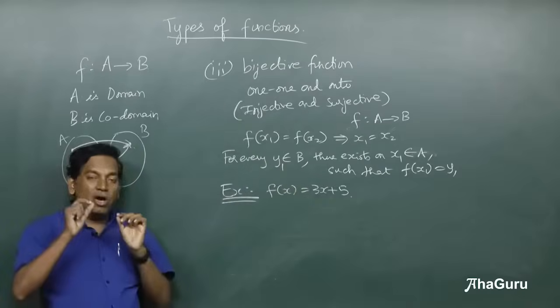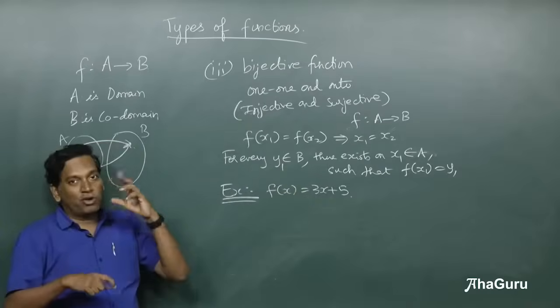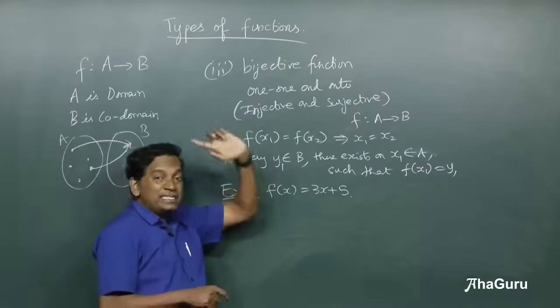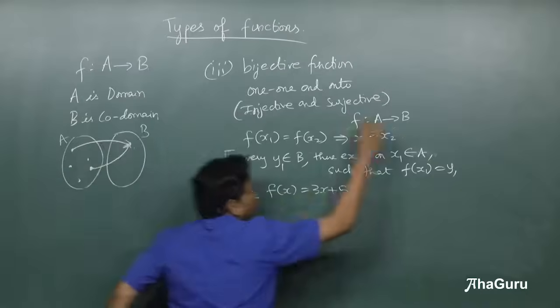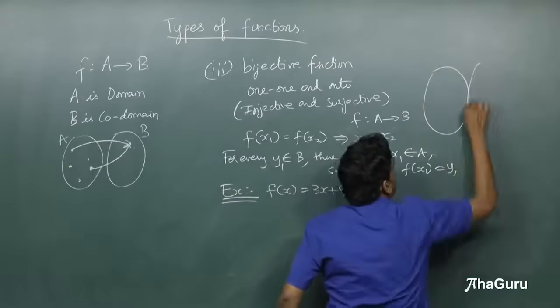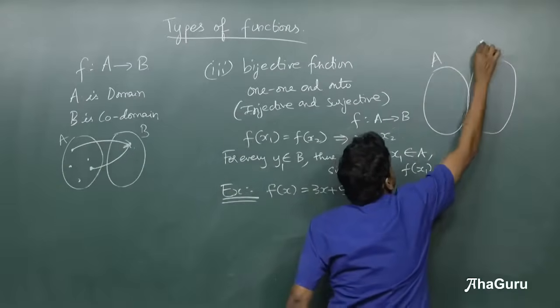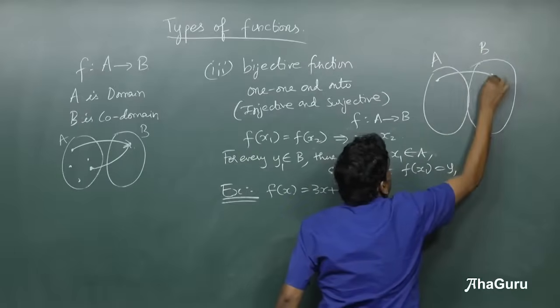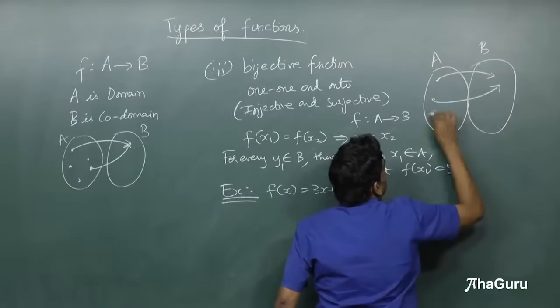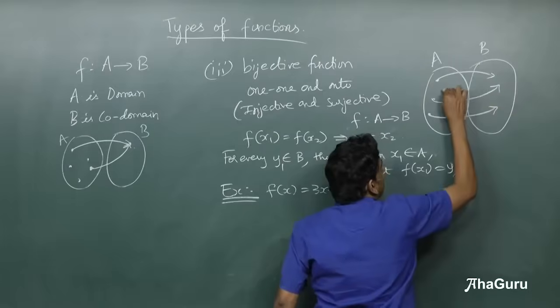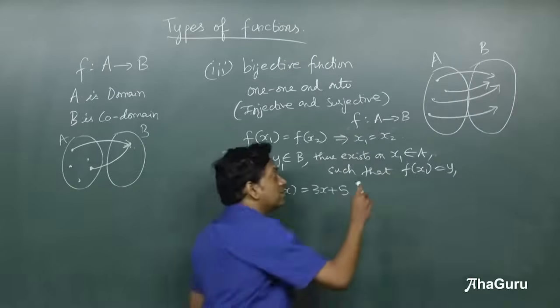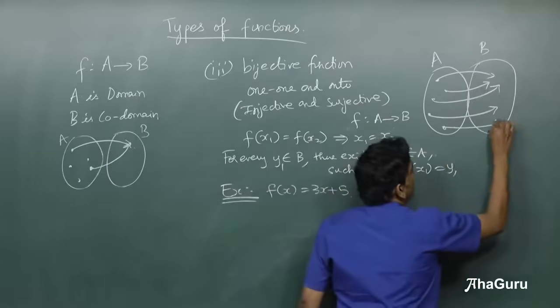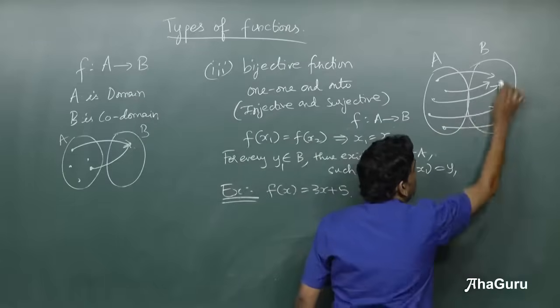Now one small caution while calling these functions. A bijective function is also something where, if you draw this, what you will find is that there is exactly one arrow into every element, and there is no element left unmarked or unmapped.